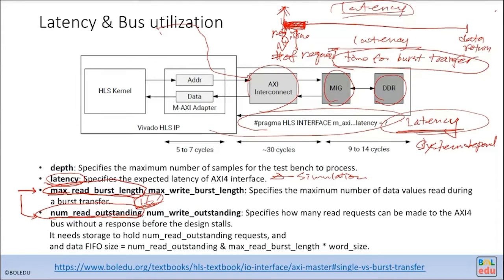So this is a very basic rule of thumb to calculate the burst length and the outstanding requests. And the burst length depends on your data bus width, so that's pretty much given by your design. And the number of outstanding requests depends on the latency, and the latency is system dependent.